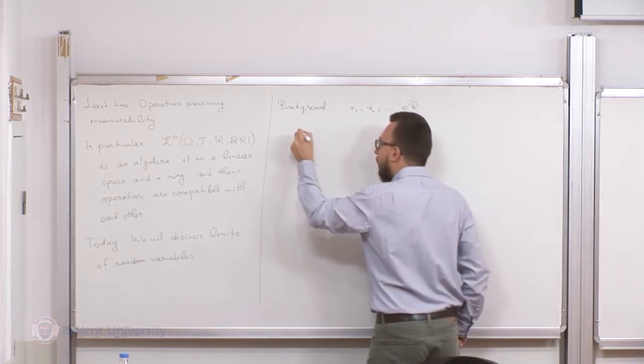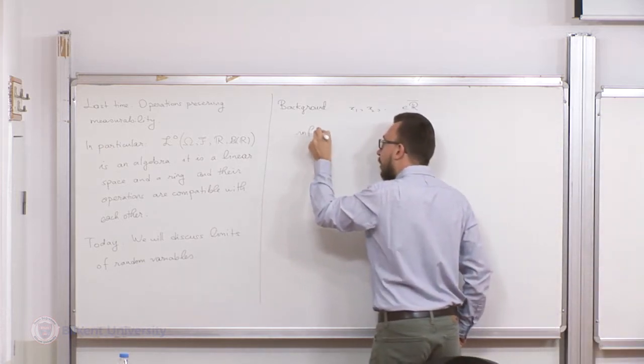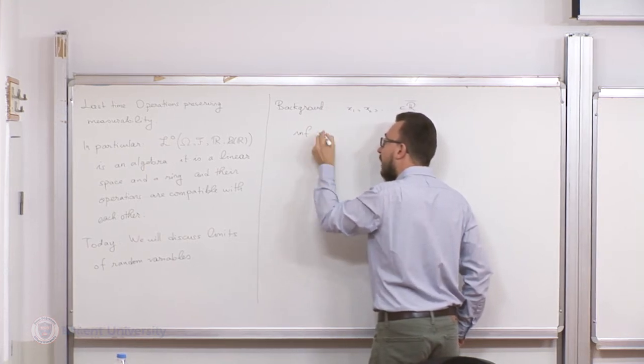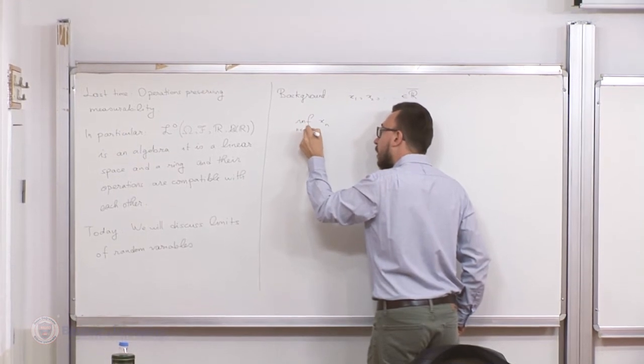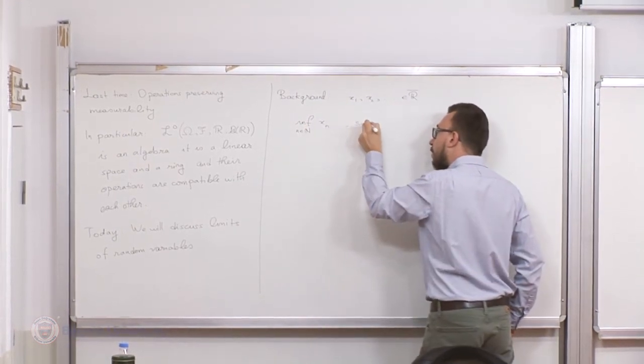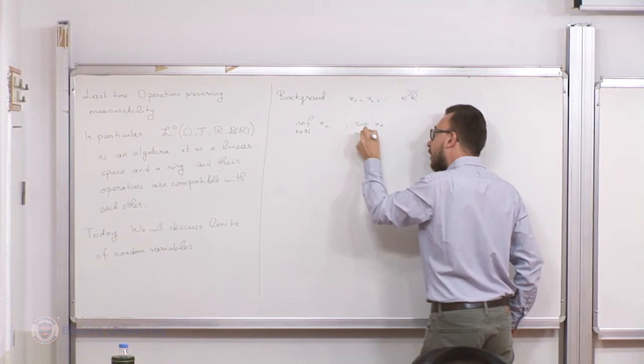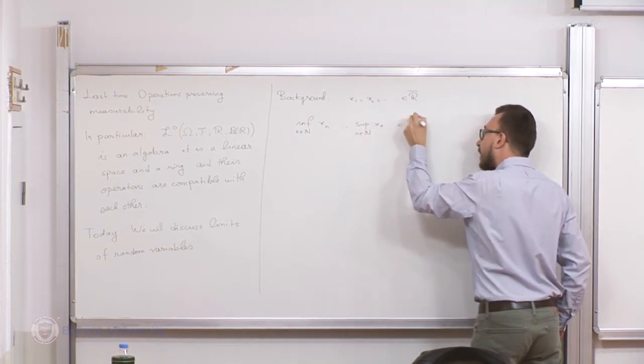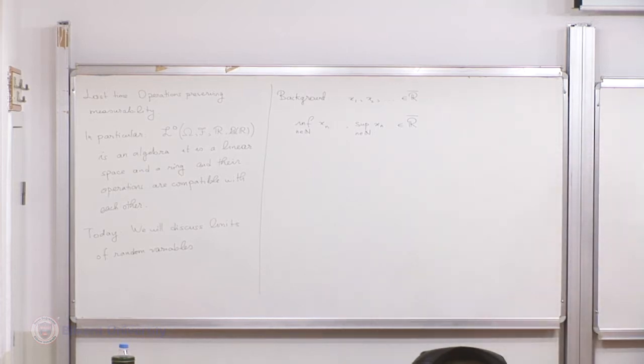So you know what inf and sup are, I hope. The inf of xn and the sup of xn are always well defined in R bar. So infimum is what?